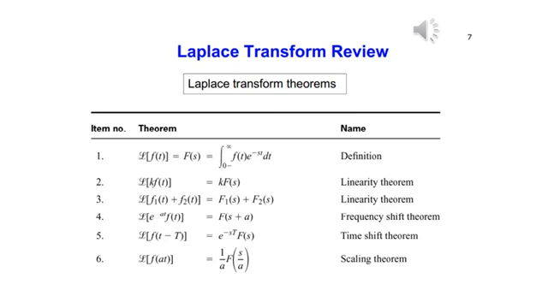Every property is present, and we need to apply this table rather than finding the transform of any function by the integration process. Yet the integration process can also be applied, but it takes a lot of time. Rather than that, we can find the answer immediately using these tables.